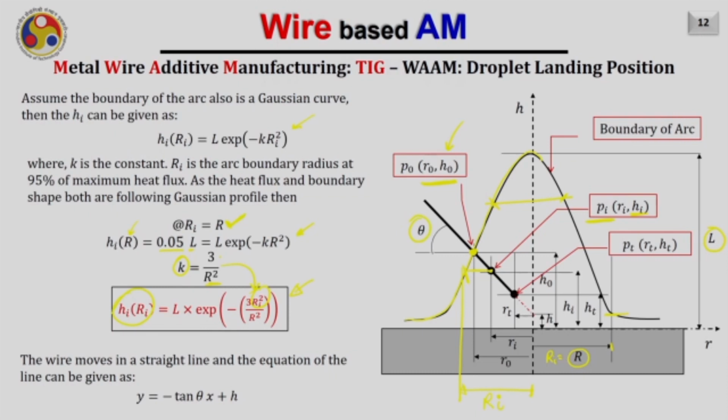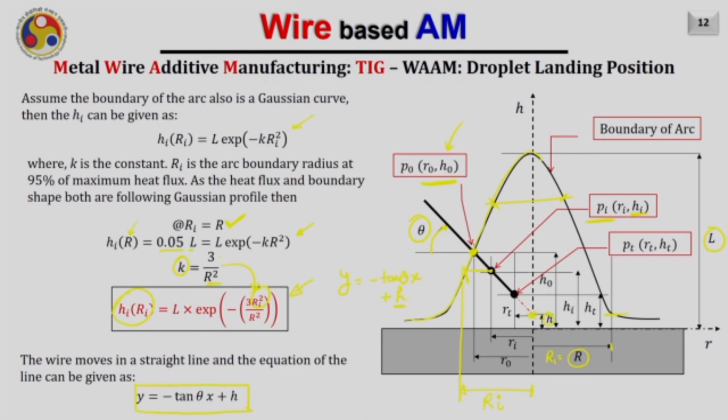So the equation of a line entering at an angle theta can be given as y equals, as this angle is measured in a clockwise manner, minus tan theta x plus h, because at x equals 0 the wire is coming at the tip and meeting the axis of the electrode or the tungsten at a height h. That is why h here.